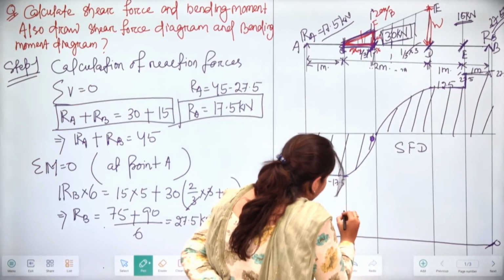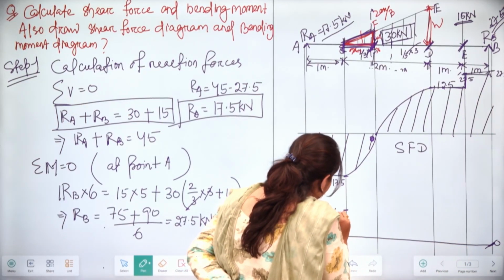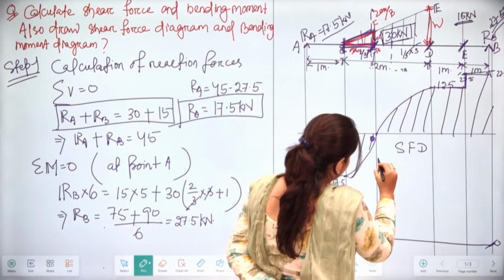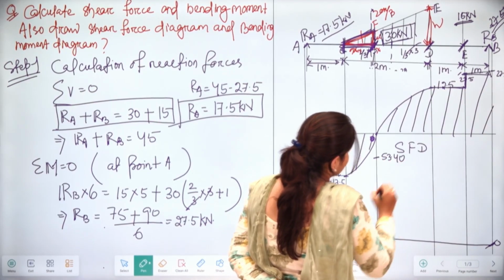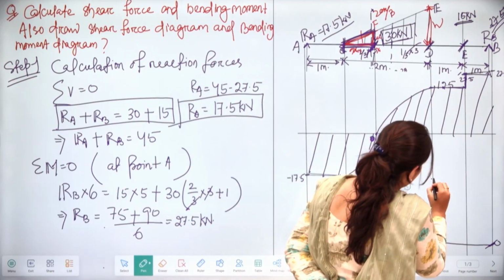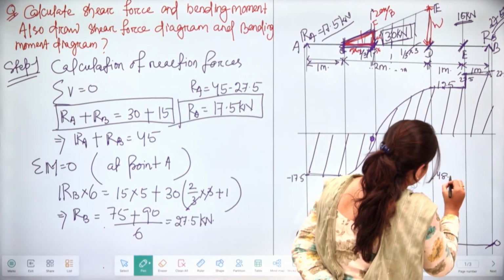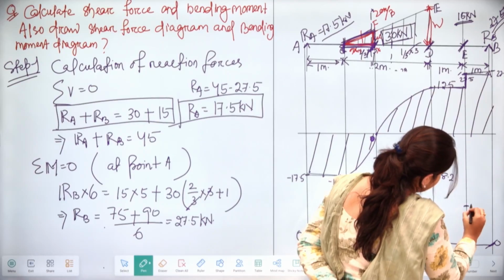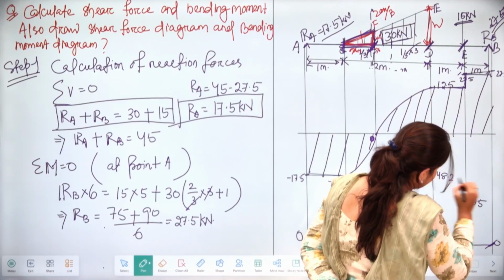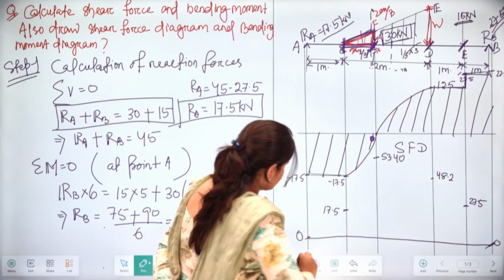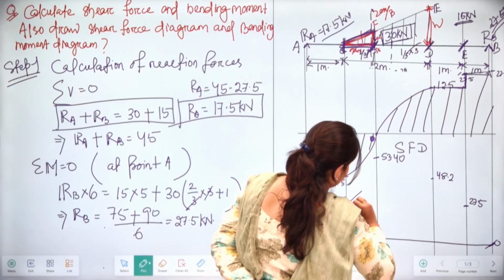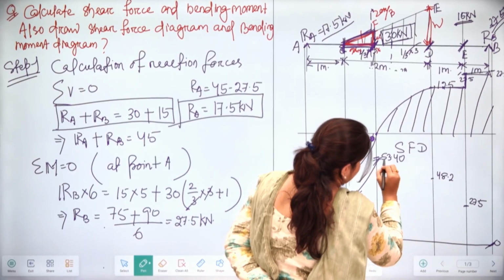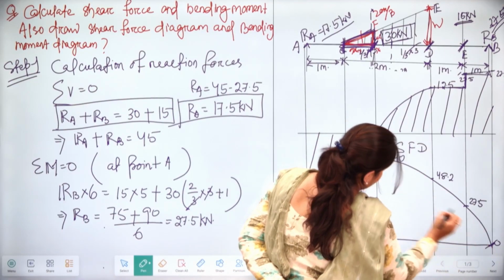So here we will have 17.5. Here we will have the maximum bending moment, that is 53.40, and here we will have 48.2 something, and this will be 27.5. So this bending moment diagram will look like this.